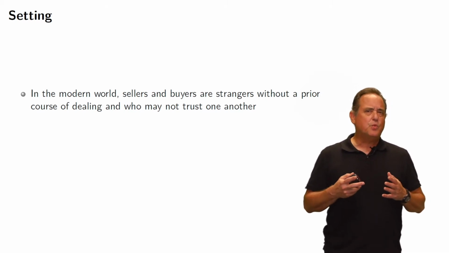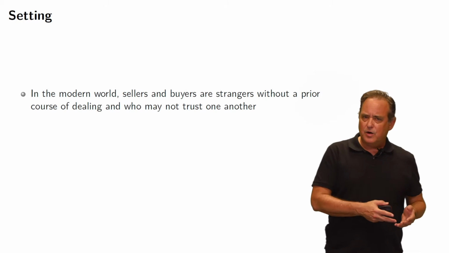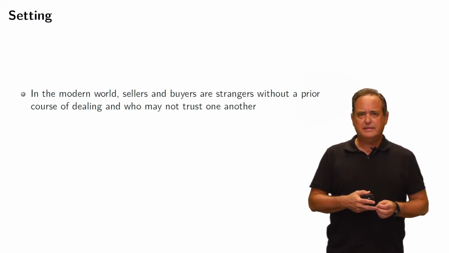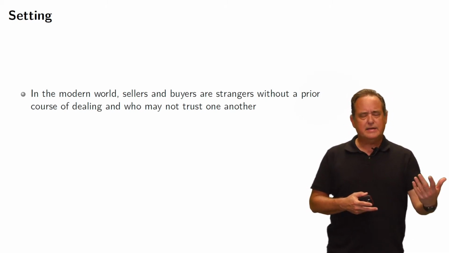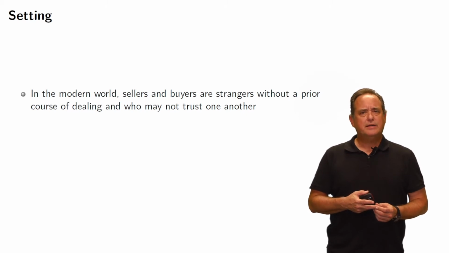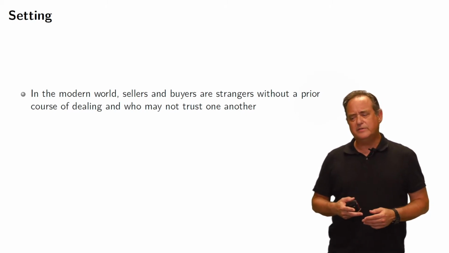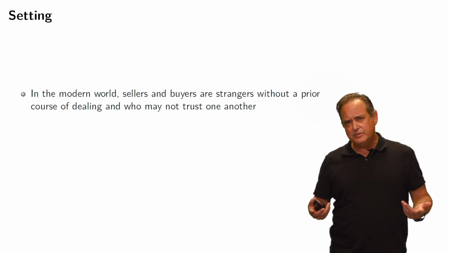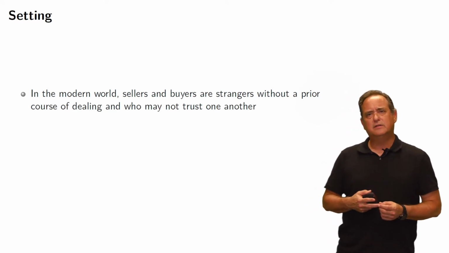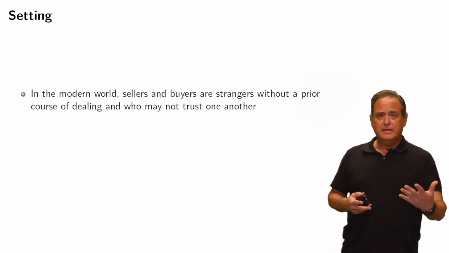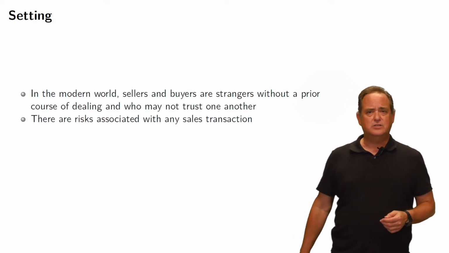Instead, it's a relationship where you don't really know the other party. Yeah, you can look at their ratings and their guidelines, but you don't have any prior course of dealing, and in fact, you may not trust one another. Well, this is very common in international sale of goods.